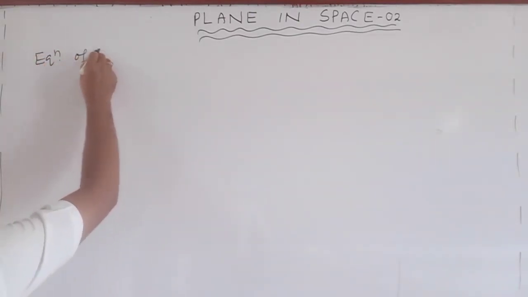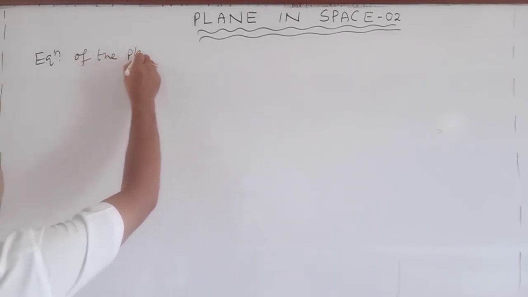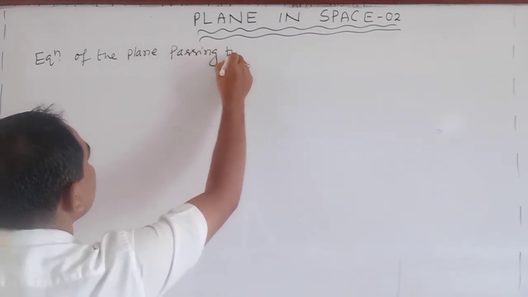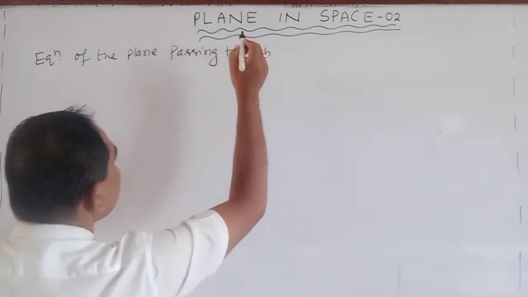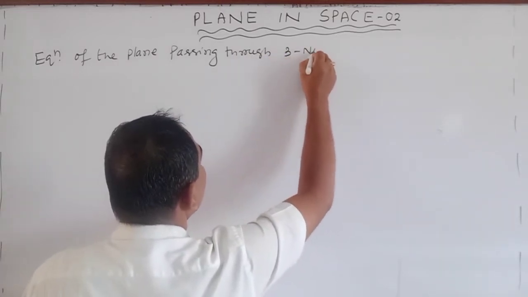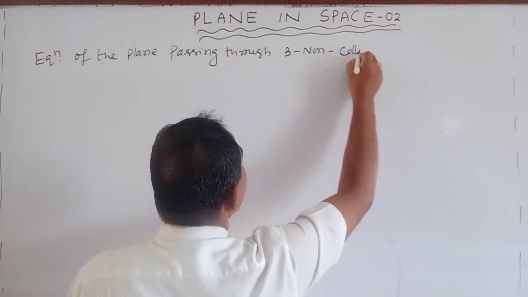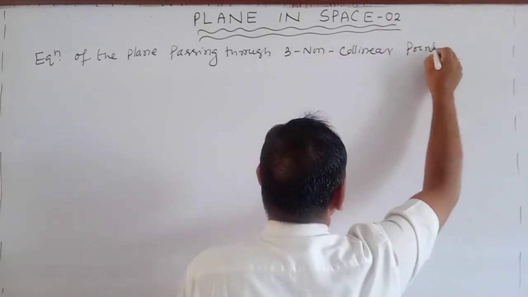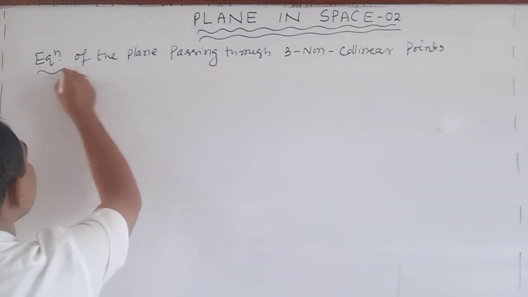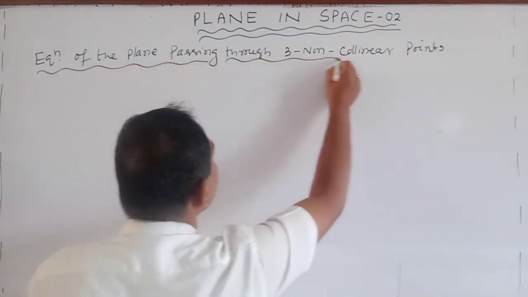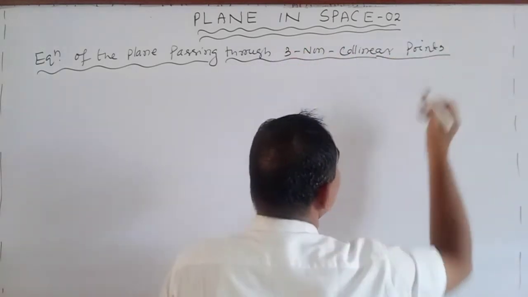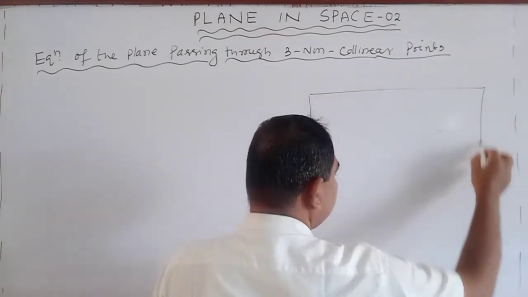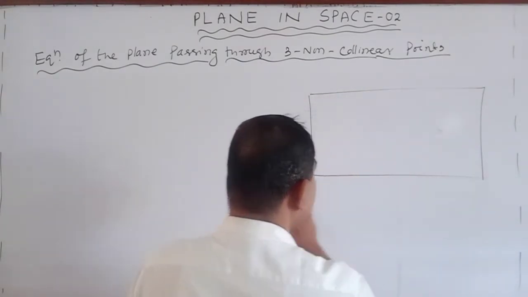Equation of the plane passing through three non-collinear points. Okay, this is a plane.